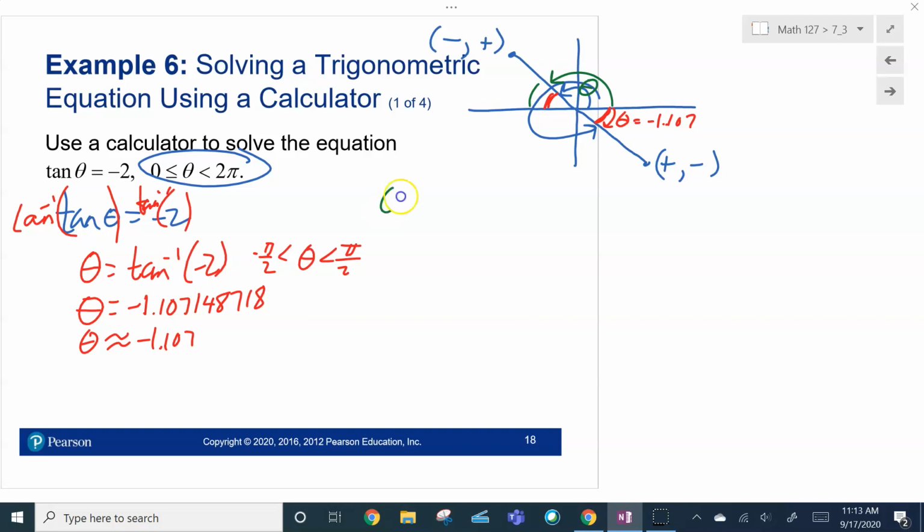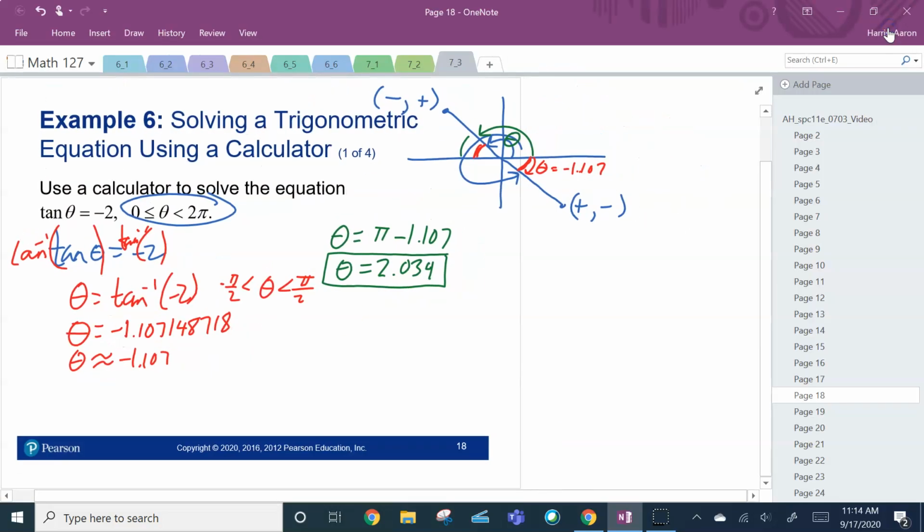So one of these solutions is pi minus 1.107, which ends up being 2.034. There's one theta.